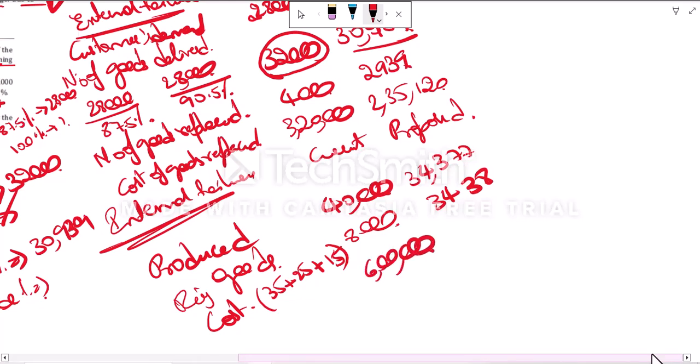This is the internal failure cost in the current situation. Now 35 plus 25 plus 15 into 3,438, 2,57,850 rupees. This is the internal failure cost.